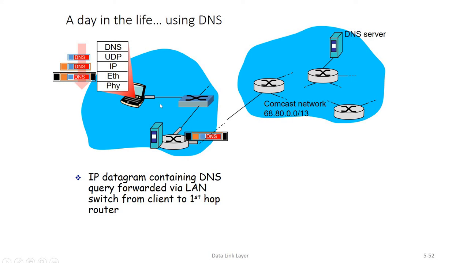The switch will do nothing with the IP address, but the router here will forward toward the destination, because we know the IP address of the last destination.